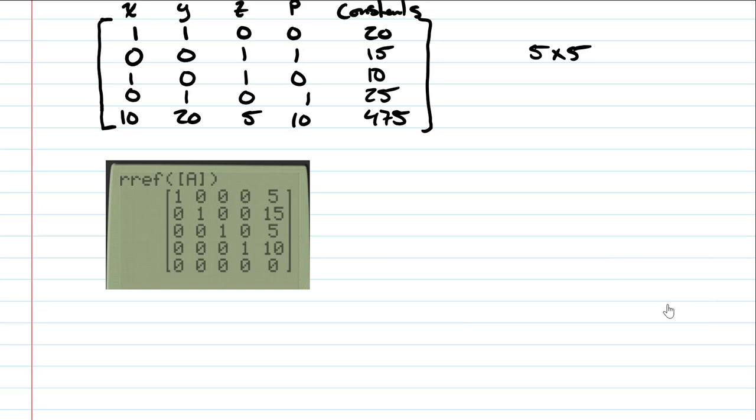So this gives us that x is equal to 5, y is 15, z is 5, and p is 10. And then our last equation's all zeros, which is okay because we had x, y, z, and p.